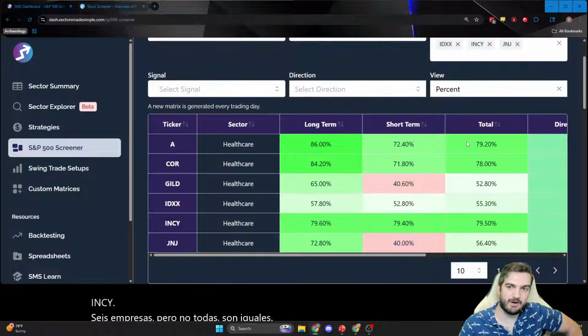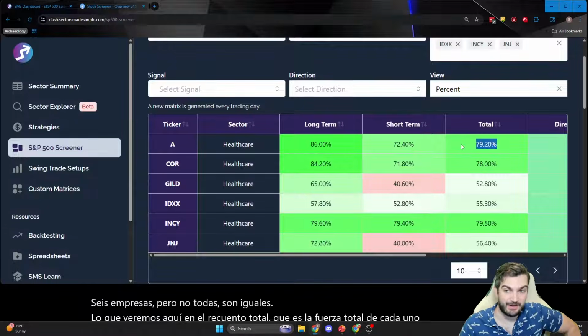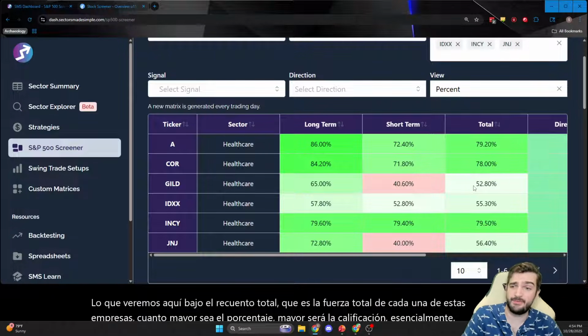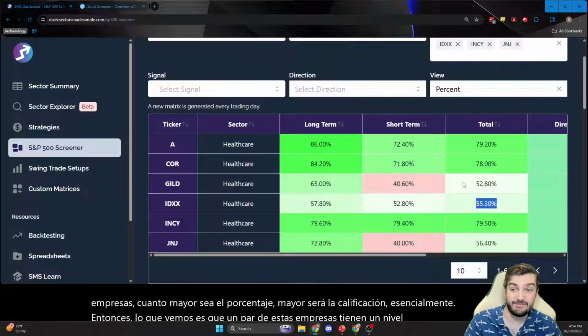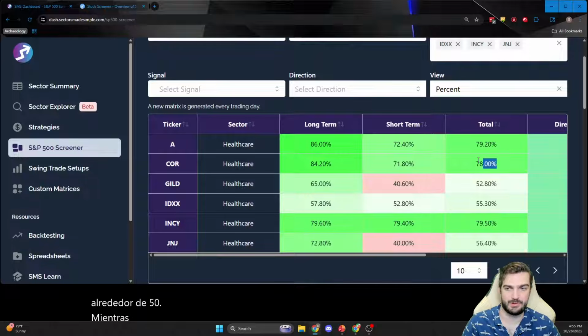What we'll see here under total count, which is the total strength of each of these companies, the higher the percent, the higher the grade, essentially. So what we see is a couple of these companies have fairly low grades, around 50s. Meanwhile, we have 3 that are up close to 80%.